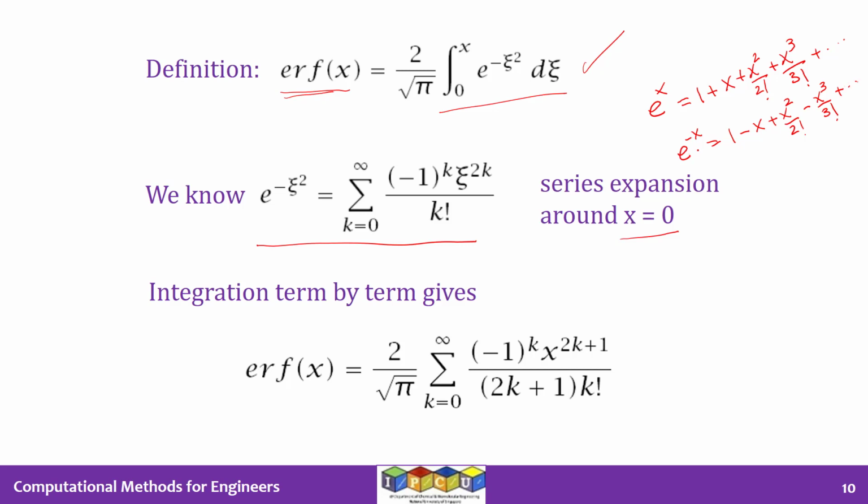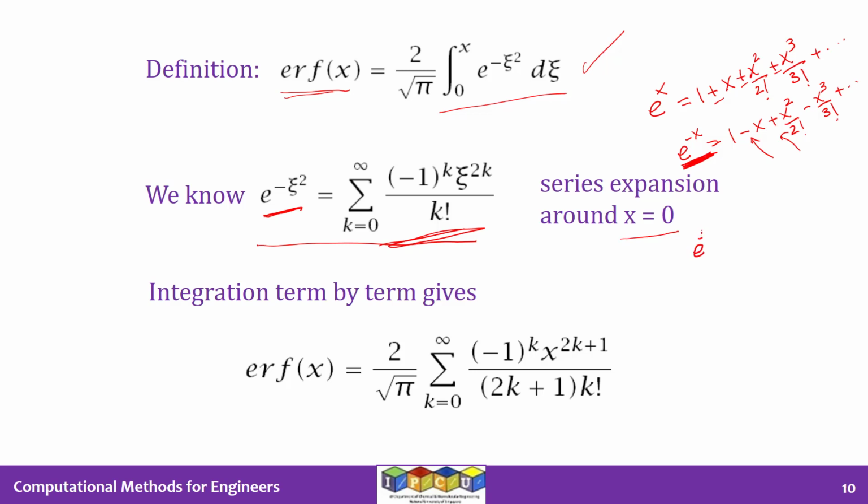So for e to the power of minus x, the sign of the terms keep alternating, whereas for e to the power of x, it is always plus sign. So that's the difference. So in this expression for e to the power of minus x, wherever I see x, I'm going to substitute by psi squared.